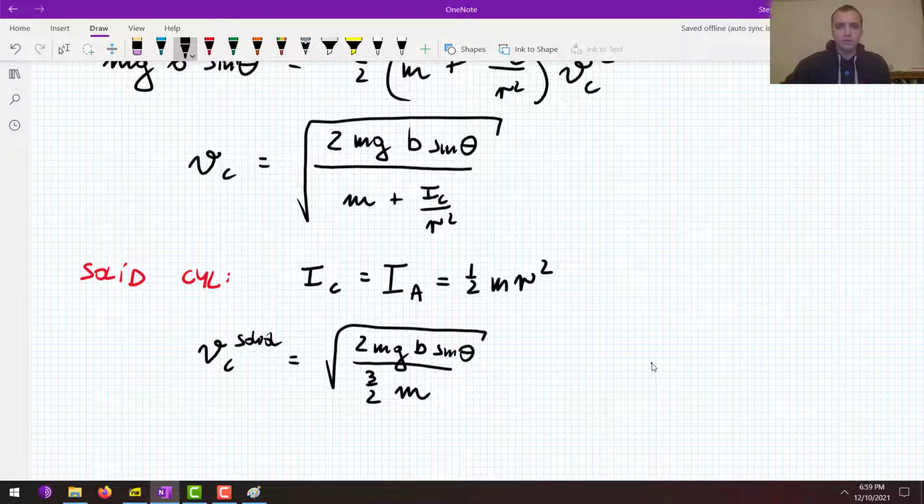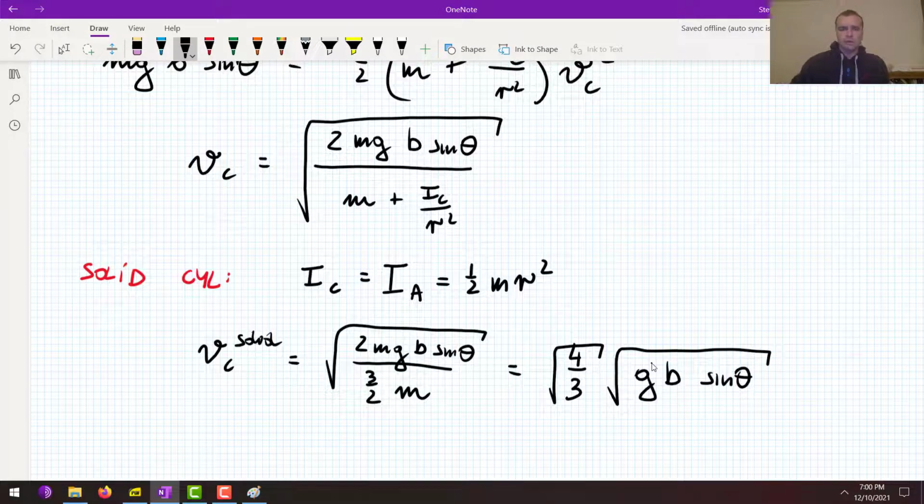I believe so. Yes, so this will be equal to 4/3 times gb sine theta. Okay, let's leave it like that.